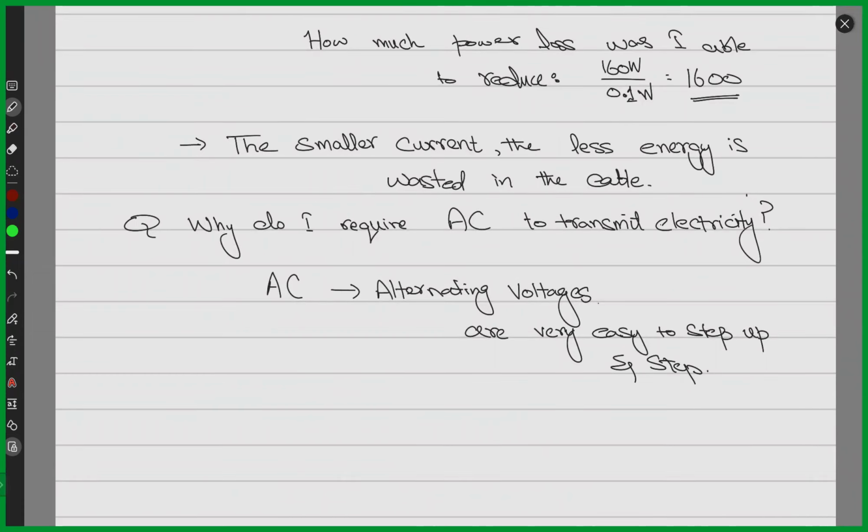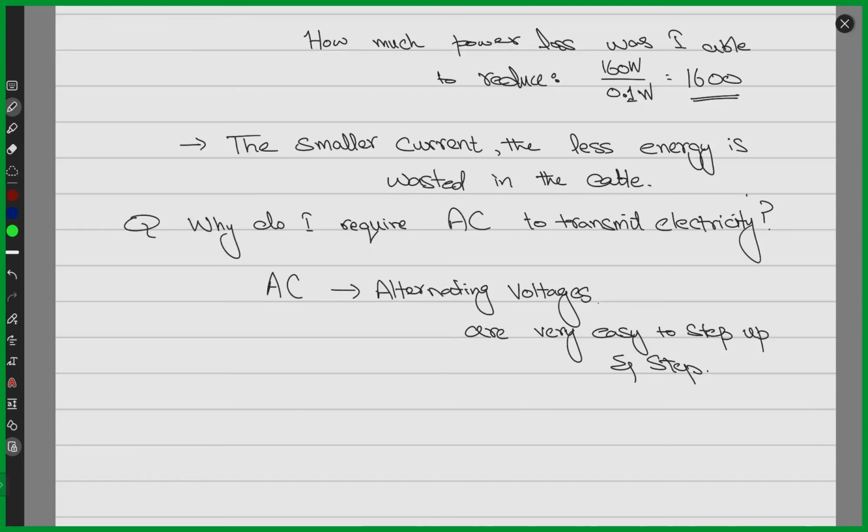Now, this alternating magnetic flux that was transmitted is cut by the secondary coil, and that is what is responsible for the changing magnetic flux, and then that gives rise to the alternating EMF produced across the ends of the secondary coil. Which means that alternating voltages can be stepped up and stepped down.